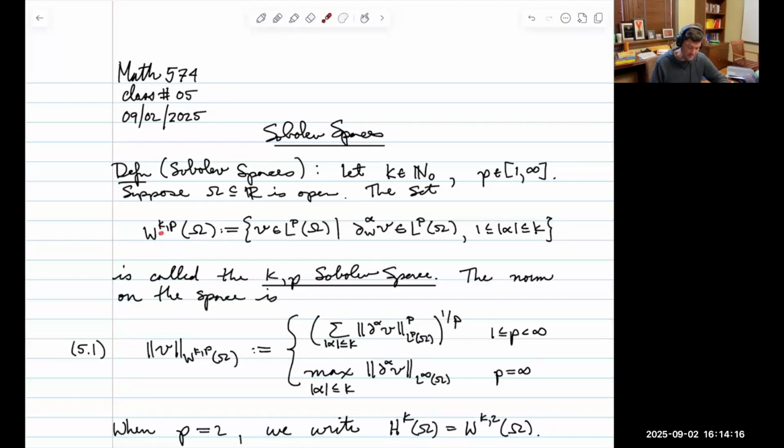So k is the number of derivatives that you're allowing, and p is the type of LP space that you want to use. You can use any type of LP space from 1 all the way up to infinity, inclusive of infinity. Those spaces, remember, are those spaces whose essential supremum is bounded.